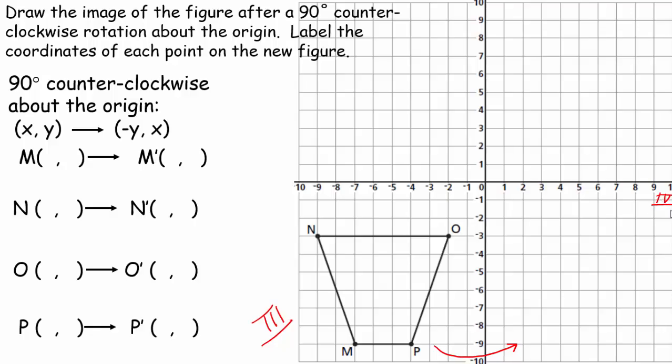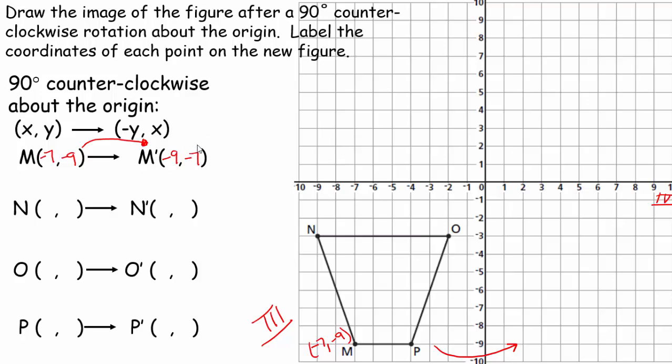Okay, now we're going to apply some rules to our points to see if that's actually true. First, let's take a look at point M. Point M is at -7, -9. I'm going to write that in over here. -7, -9. I first have to remember my first step of my rule is to switch the order of the coordinates. So my original point -7, -9 now becomes -9, -7 in my image.